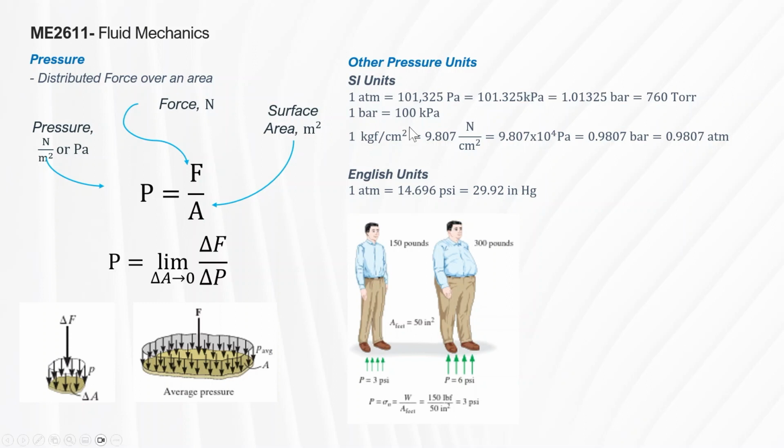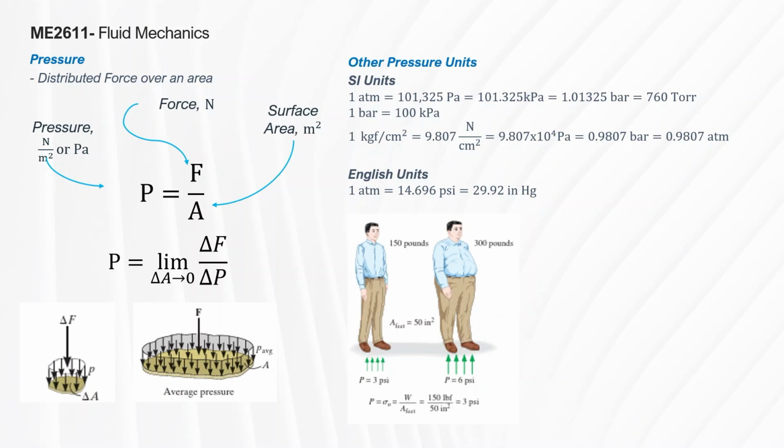Here are the other pressure units that we would normally be using, or that will pop up every now and then in problems. You should know that 1 atmosphere is equivalent to 101.325 kilopascals, also equivalent to 1.01325 bar, which is also equal to 760 torr, which is also equal to 760 millimeters of mercury. 1 bar is 100 kilopascals.